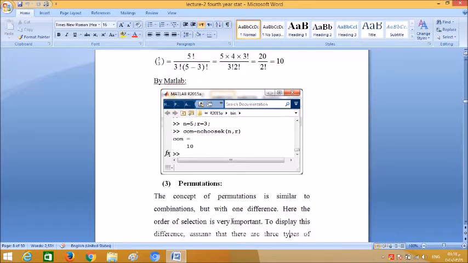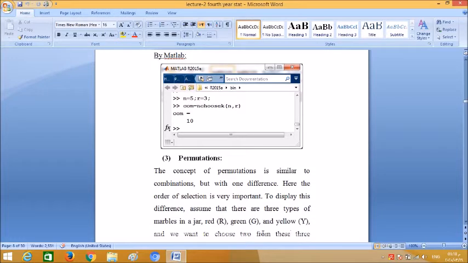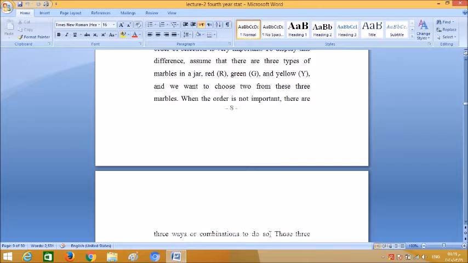To display this difference, assume that there are 3 types of marbles in a jar: red denoted by R, green denoted by G, and yellow denoted by Y. And we want to choose 2 from these 3 marbles. When the order is not important, there are 3 ways or combinations.